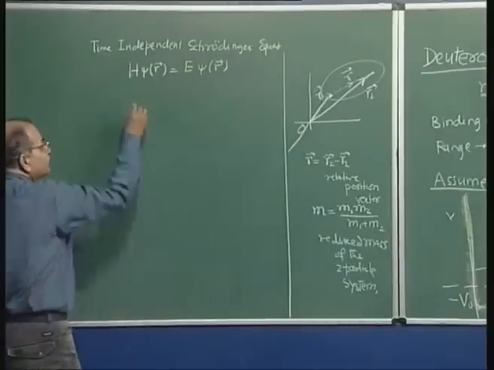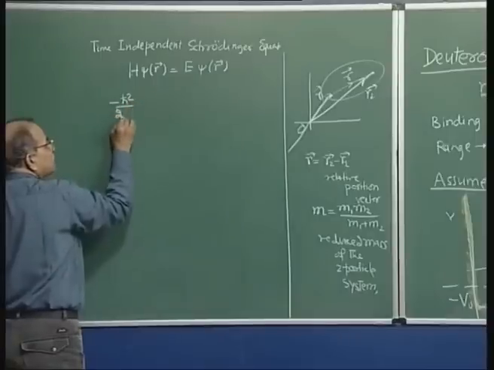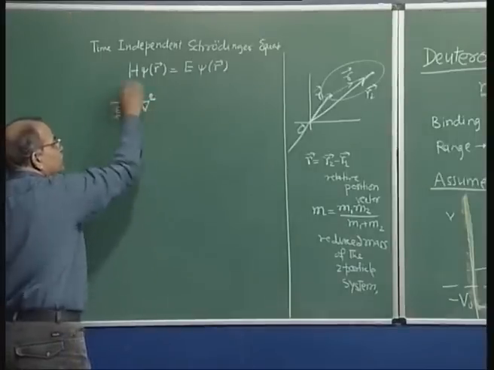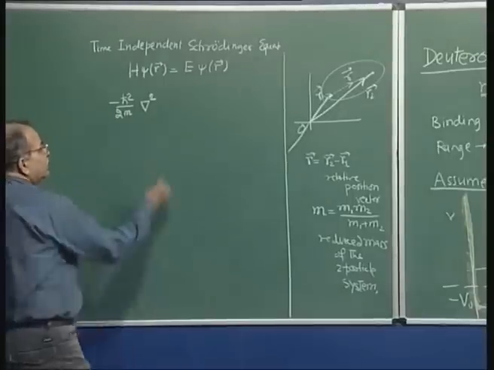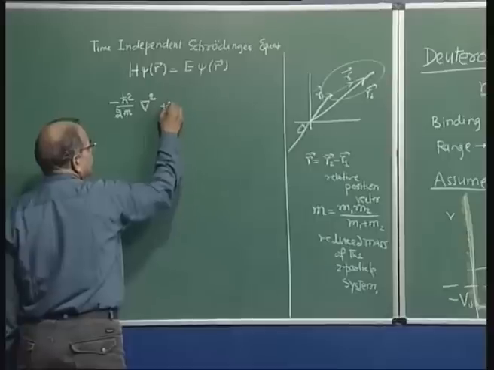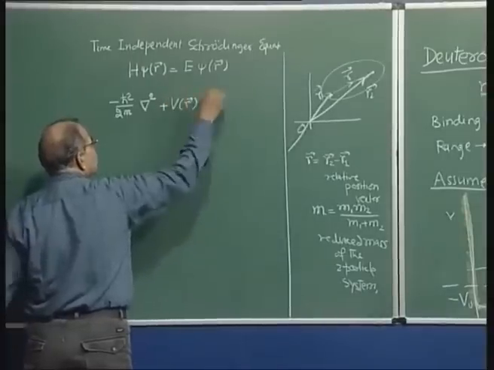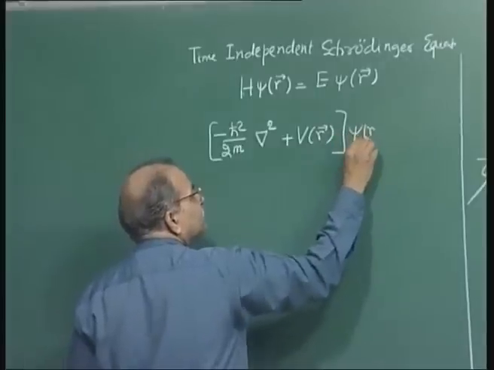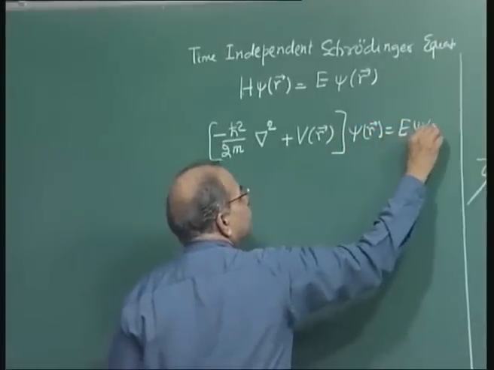The Hamiltonian here is minus h cross square by 2 m, where this m is the reduced mass, and then del square. So, this becomes the kinetic energy operator, and the potential energy operator is just multiplication by V, and this whole thing operating on psi of r gives E times psi of r.